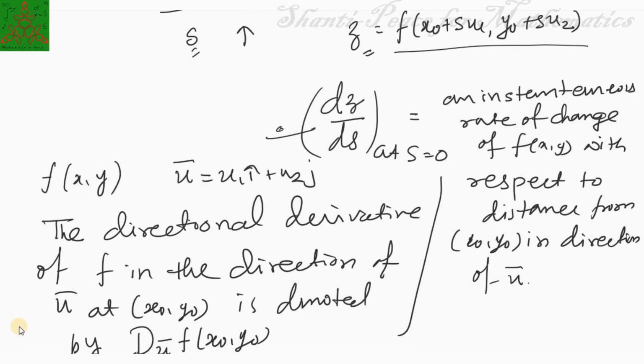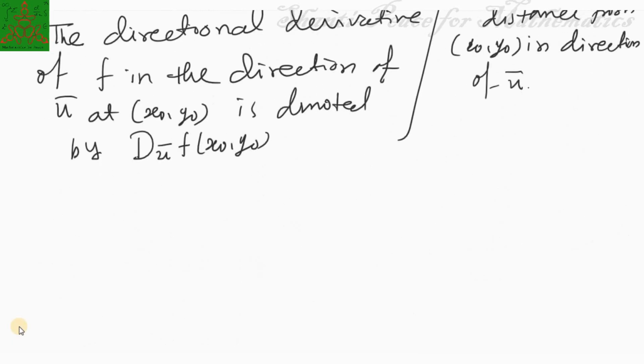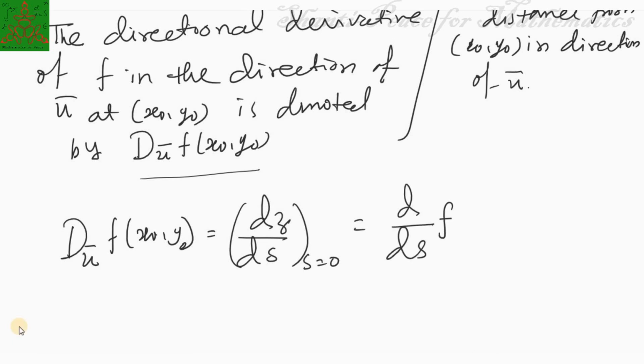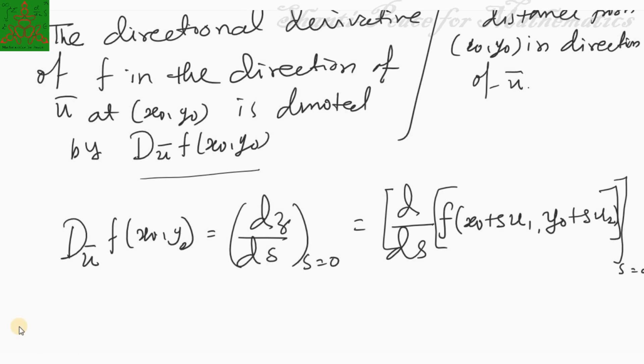By definition, it is del z by del s at s equal to 0, that is d by ds of f of (x0 plus s u1, y0 plus s u2) evaluated at s equal to 0.